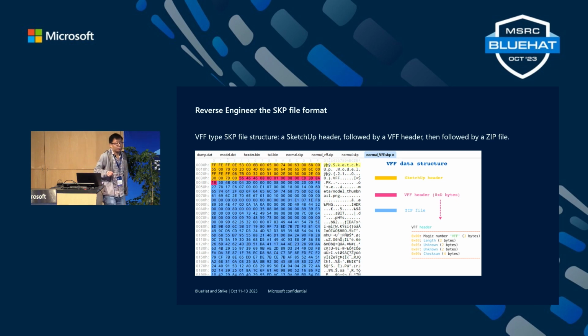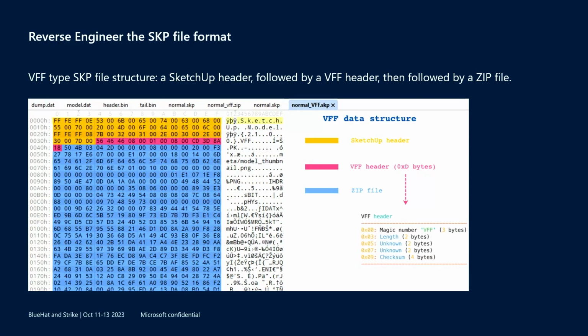Next, let's look at the SketchUp file structure of the VFF data type. It begins with a SketchUp header, followed by a VFF header, and then a zip file. This VFF header contains 13 bytes of data, and it begins with the magic number VFF, followed by the length field.